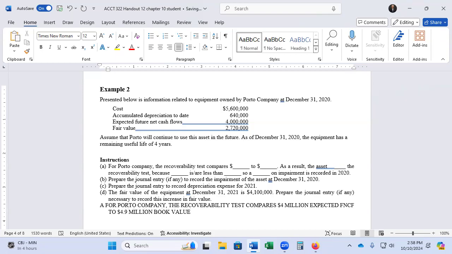And that 4.9 million comes from the 5,600,000 minus 640,000 of accumulated depreciation. So that's 4,960,000. I made that 4.96 million book value.